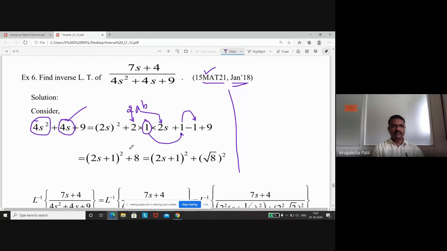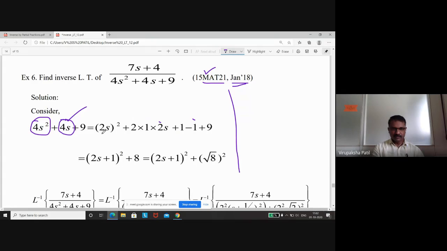This is one technique. Or else if you are more familiar, more perfect, you can write this one as 1 plus 8, and you can take the 1 from this. Otherwise that puts you under confusion, so you'll make the usual manipulation. Now just observe. After writing this, you have to concentrate on the first three terms.